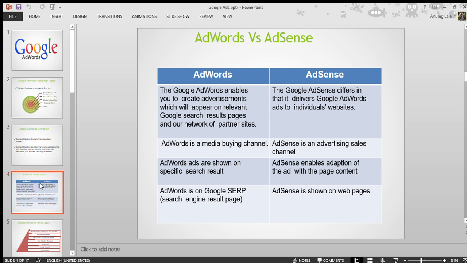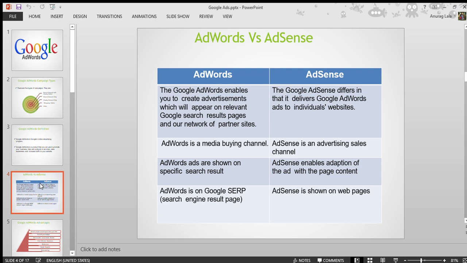Google AdWords means with the help of this program, I want to showcase my products and services to a large number of people. With the help of AdSense, as a website owner, I am letting the ads placed by the businessman with Google AdWords appear on my own website, that is AdSense.